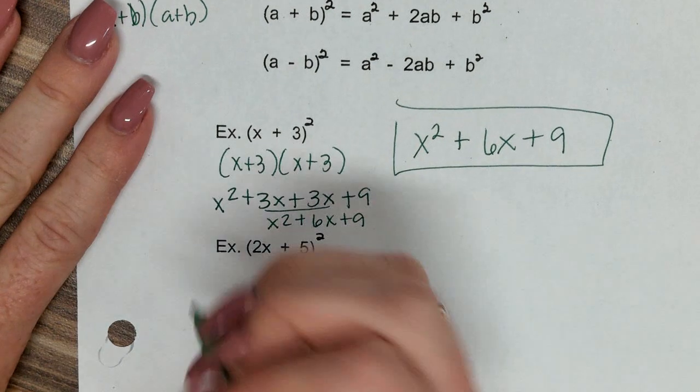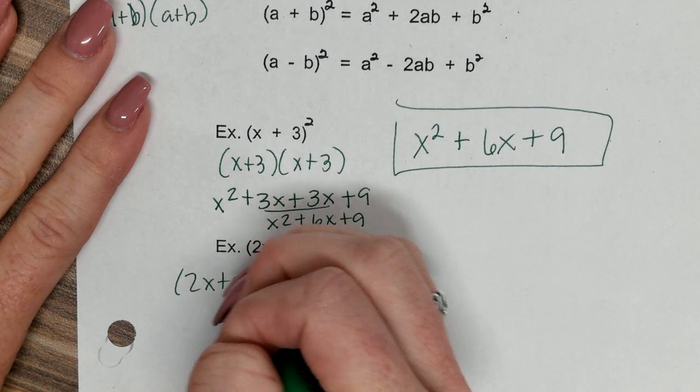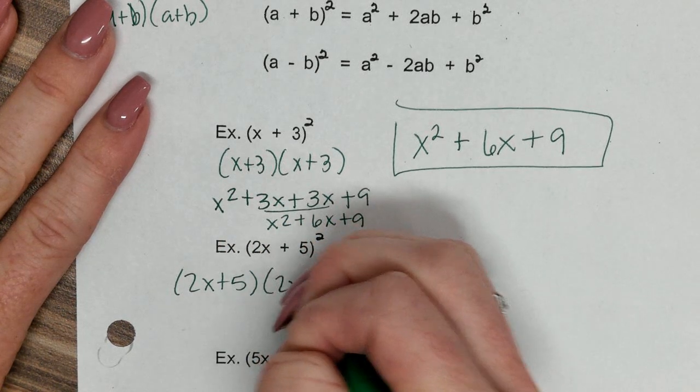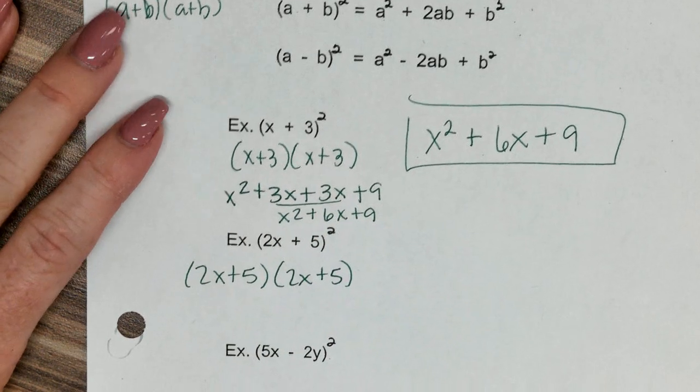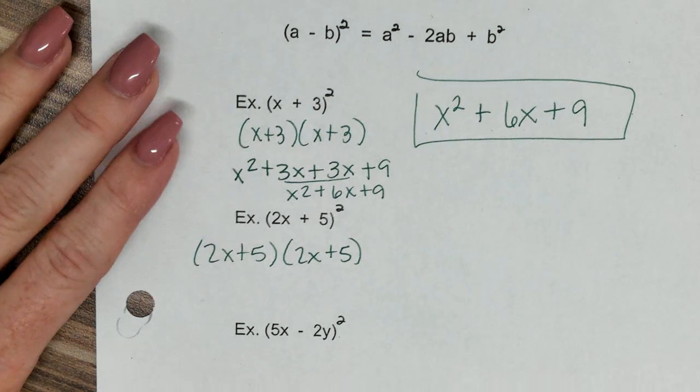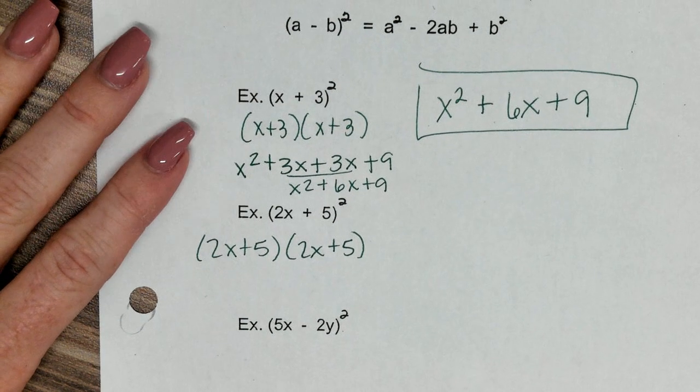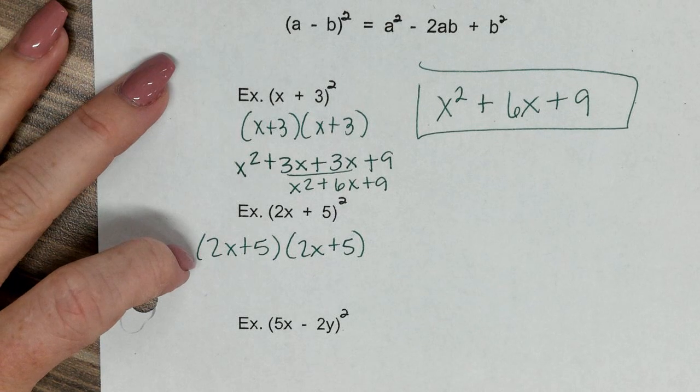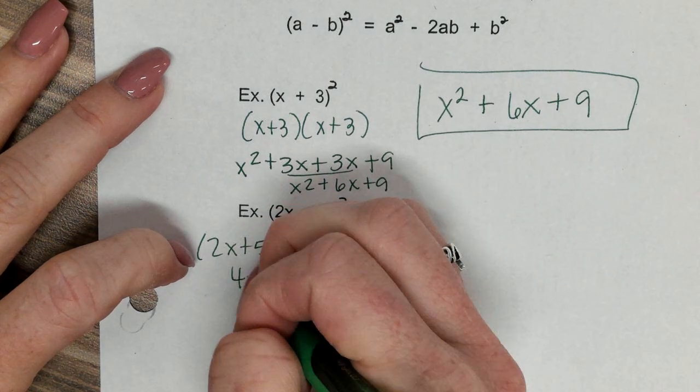Okay? So the long way says (2x + 5) times (2x + 5). All right, first, 2 times 2 is, so 4x squared.